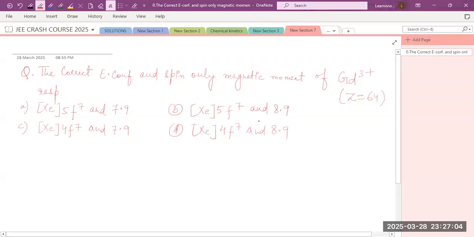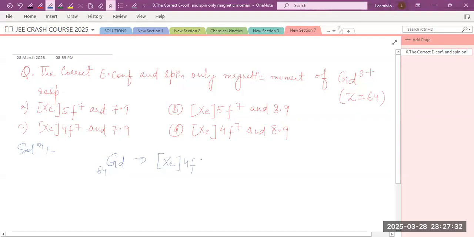Okay, let's do this. First, write down the electronic configuration of gadolinium with the nearest noble gas configuration. The atomic number is 64, so write the noble gas xenon, right?